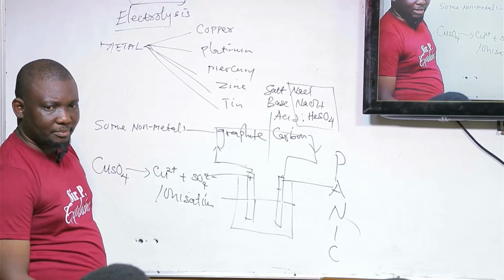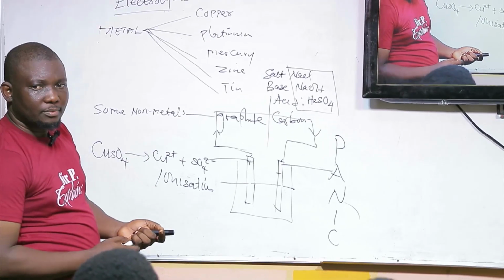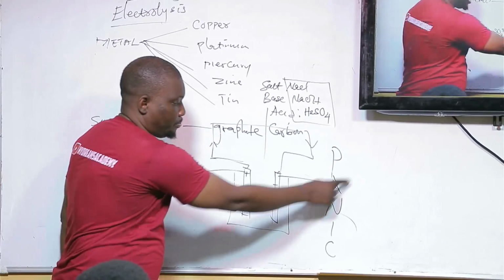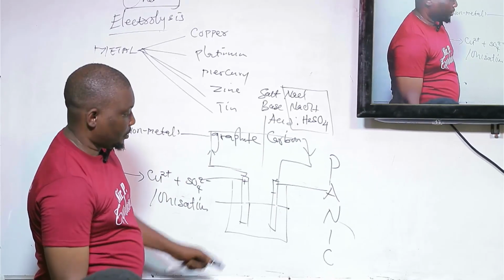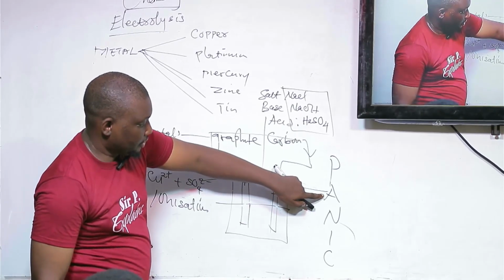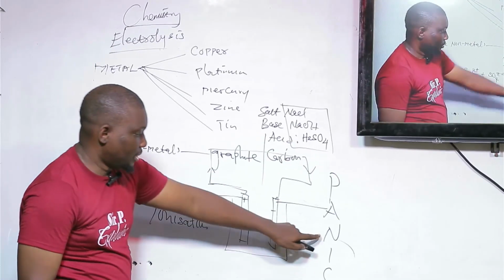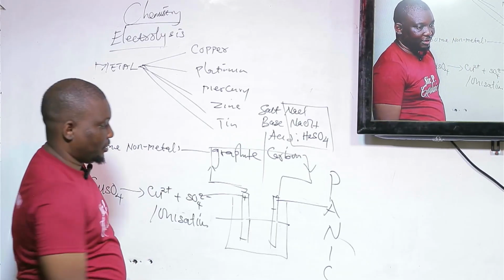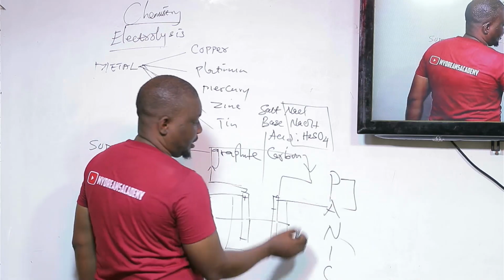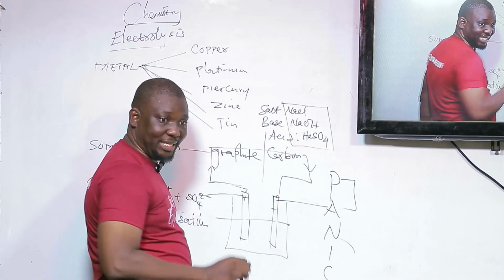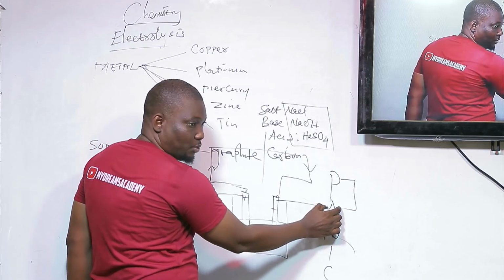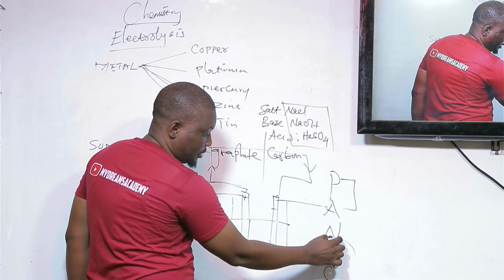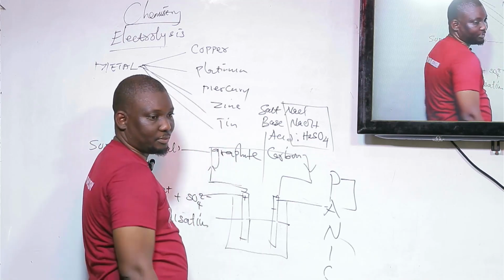What does it mean literally? Positive is for anode, negative is for cathode. So just these two go together. Anytime you say electrolytic cell, the anode is the positive electrode and the cathode is the negative electrode. That's what it means literally.